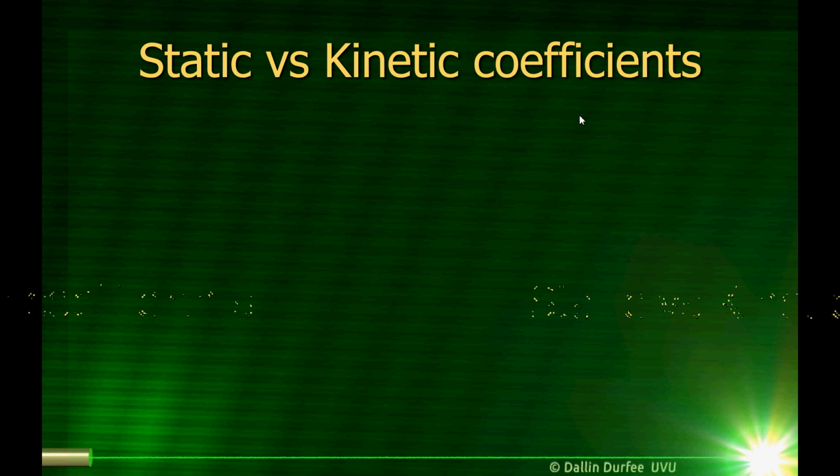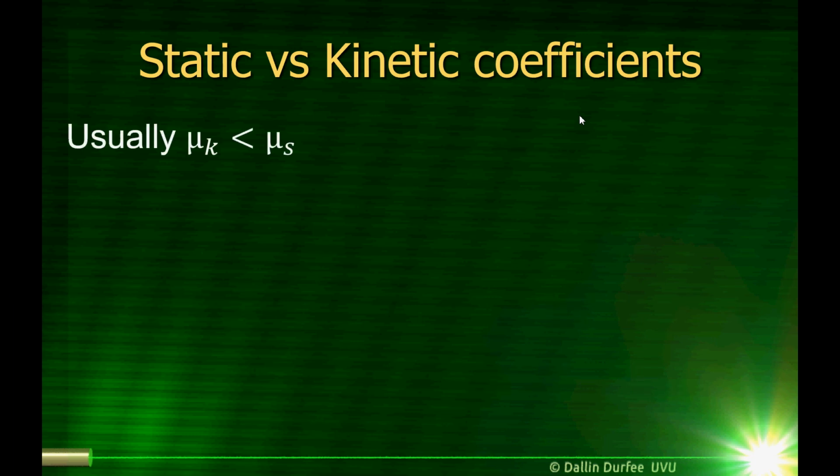All right, now static and kinetic friction coefficients for a given surface and object are not the same. So an object can have a different coefficient of kinetic friction on a certain surface than its static coefficient of friction. And generally, the static coefficient is greater than the kinetic coefficient of friction.